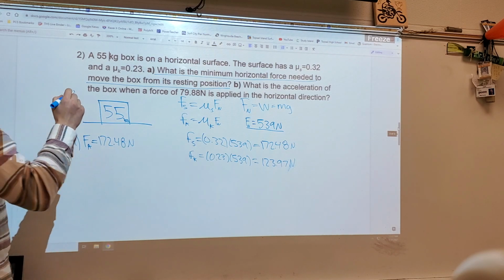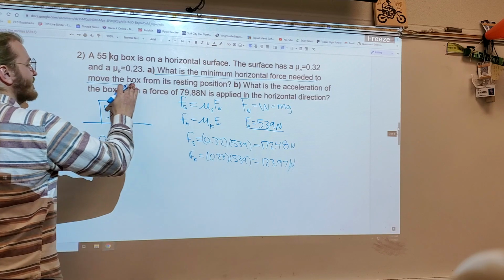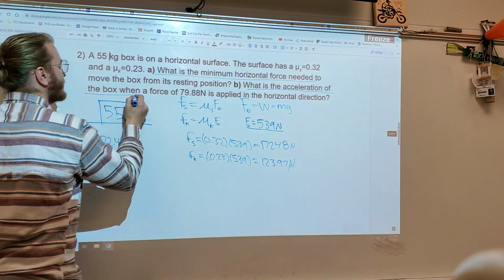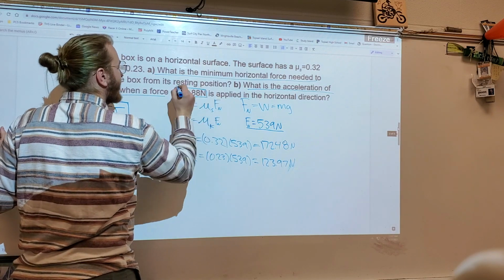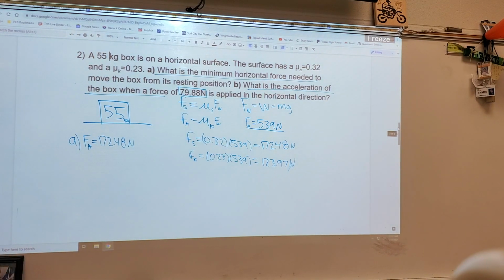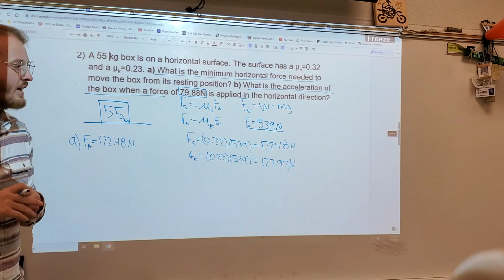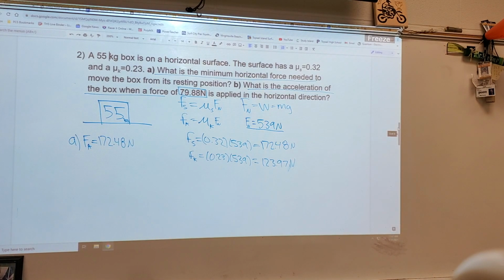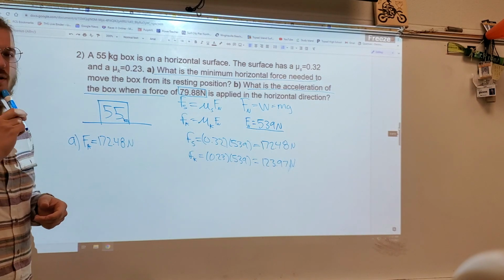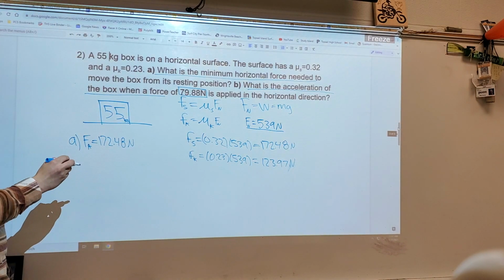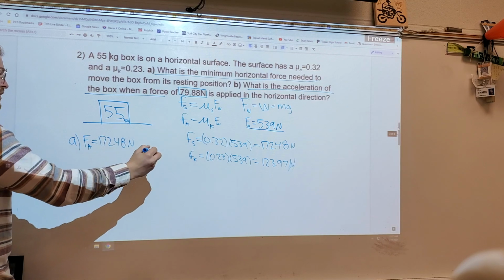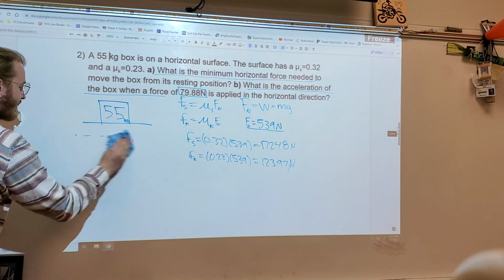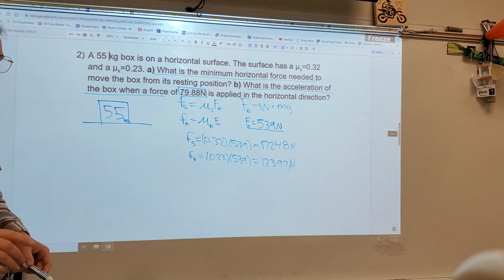Now, letter B is a completely separate question, right? Letter B is asking, what is the acceleration of the box when a force of 79.88 newtons is applied in the horizontal direction? Interesting. Forgetting letter A, it's a completely separate question.